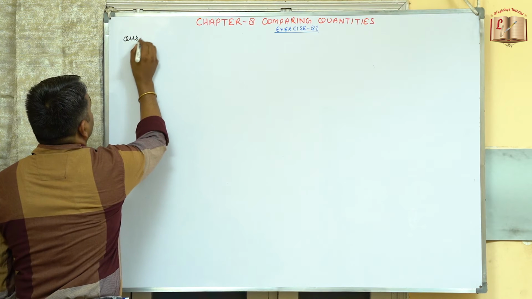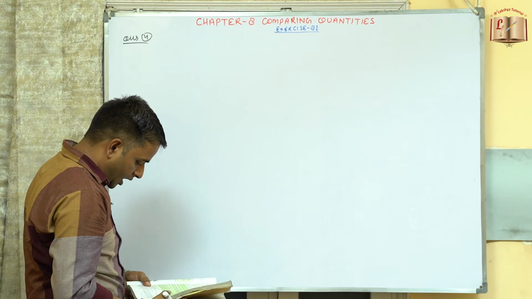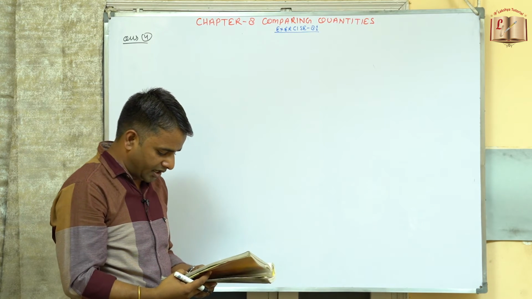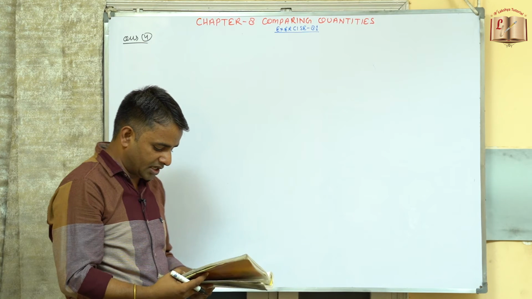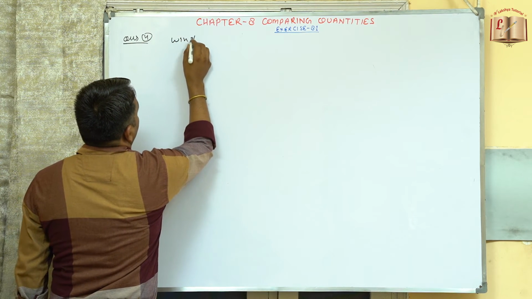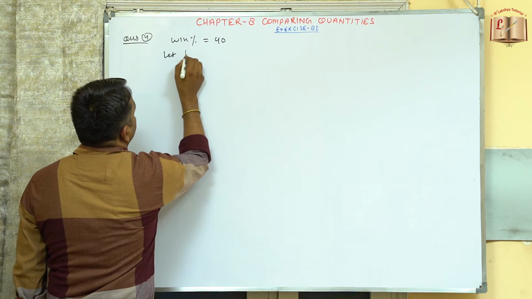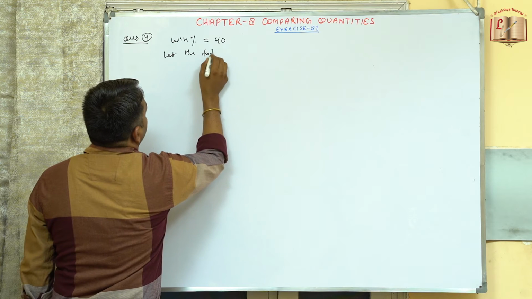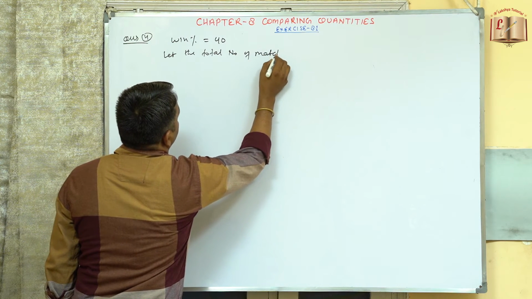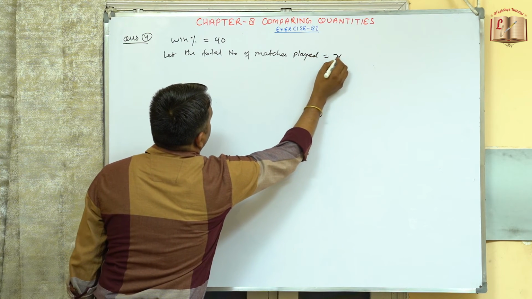So coming to question number 4. A football team won 10 matches out of the total number of matches they played. If their win percent was 40, let the total number of matches played be X matches.